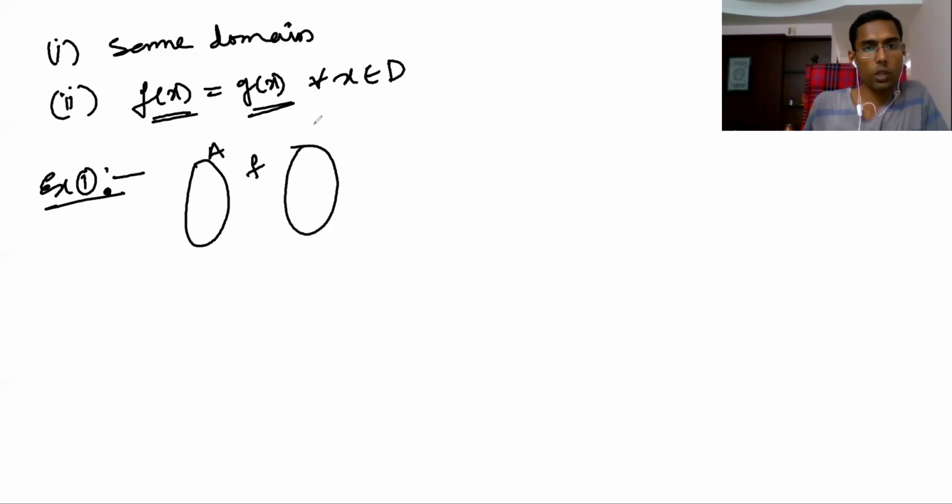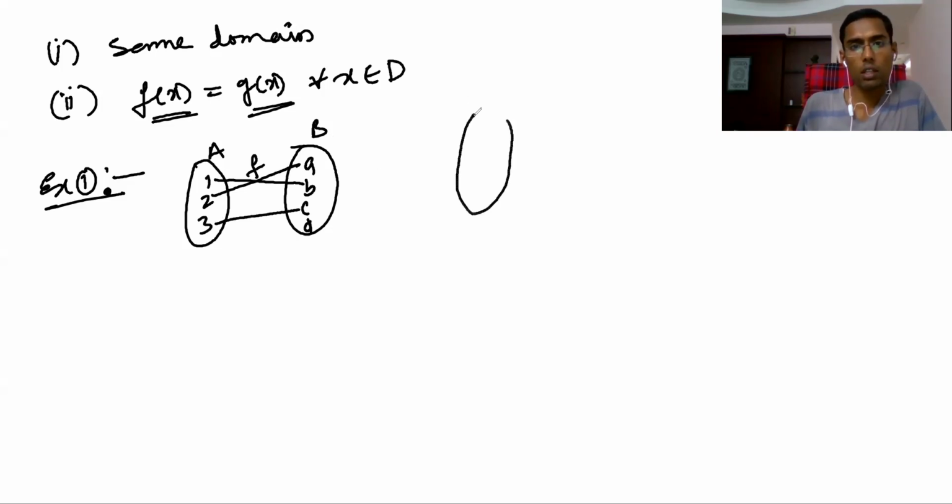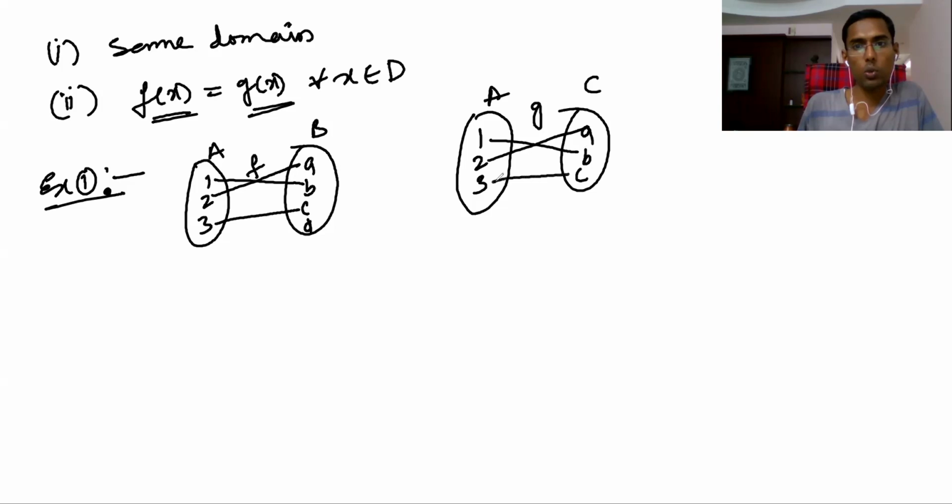F is a function from A to B. Let's say 1, 2, 3 here, A, B, C, D. So 1 to B, 2 to A, 3 to C. Now G is a function from A to C. Let us say here 1, 2, 3 and here A, B, C. So now 1 to B, 2 to A, 3 to C.